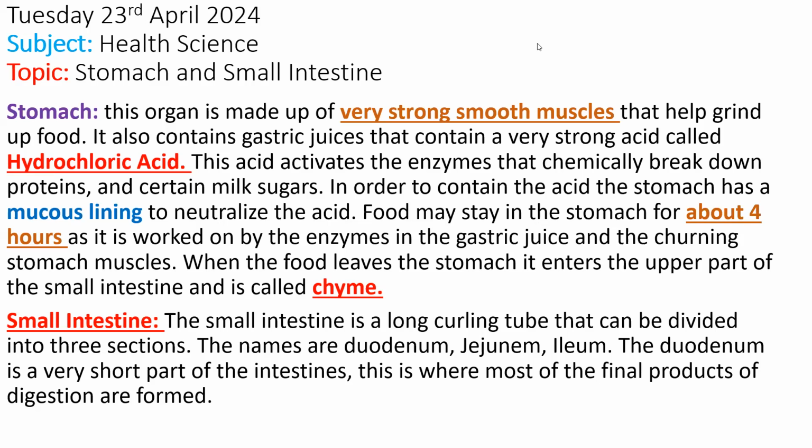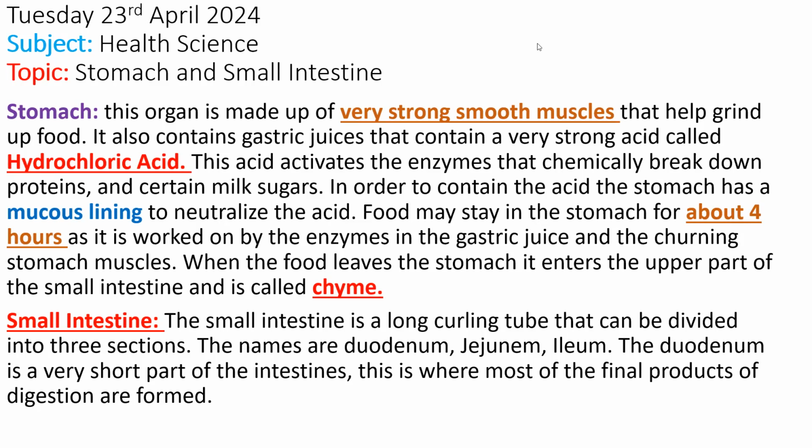Where's Mark? Mark, can you hear me? Mark, where are you? Yes, sir. Can you read the stomach, this organ? The stomach, this organ is made up of a very strong, smooth muscle that helps grind up food.